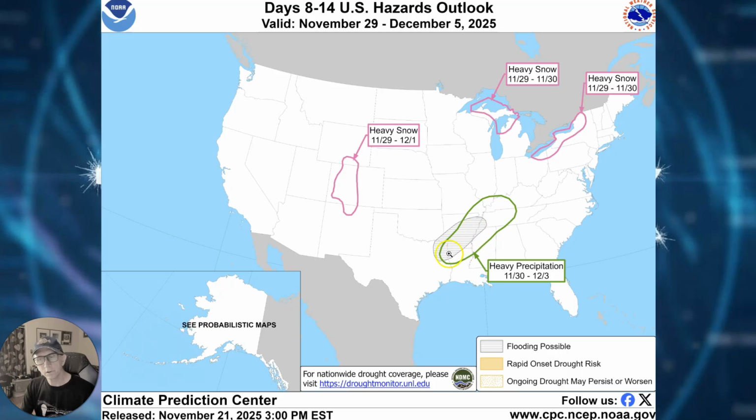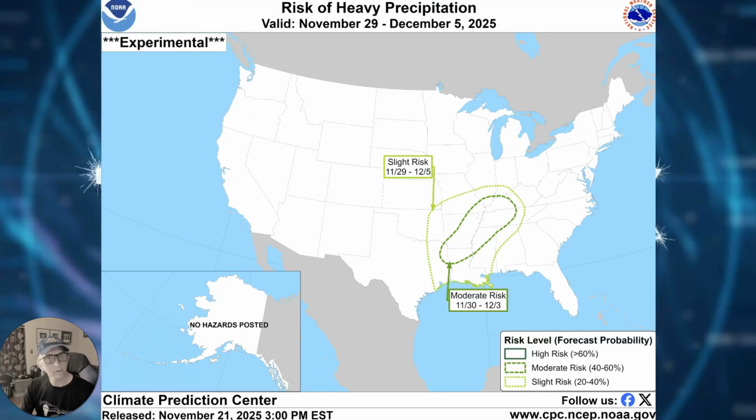Heavy precipitation expected, possible the 30th through the 3rd down here in the Southeast, and flooding possible in the same area, that hatched area there, okay?